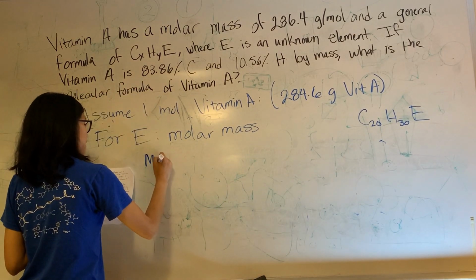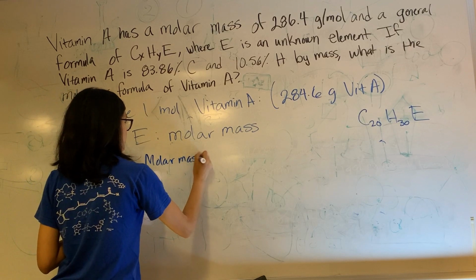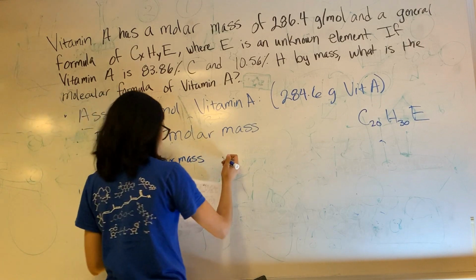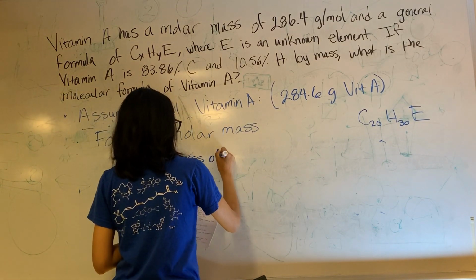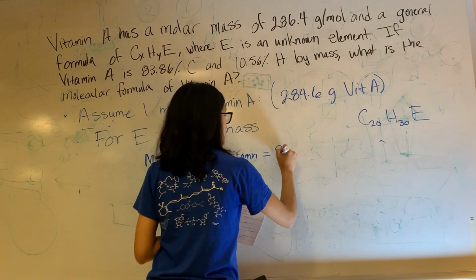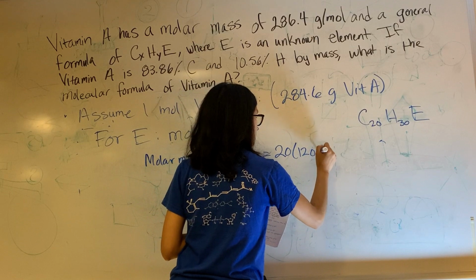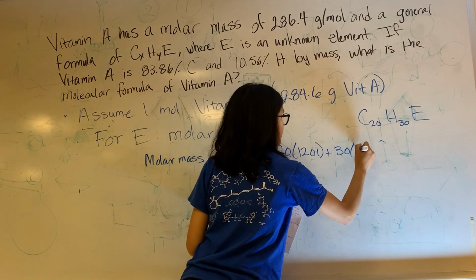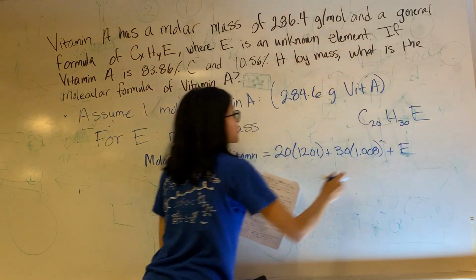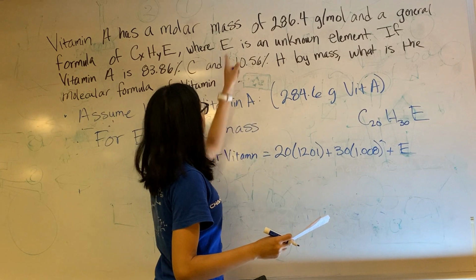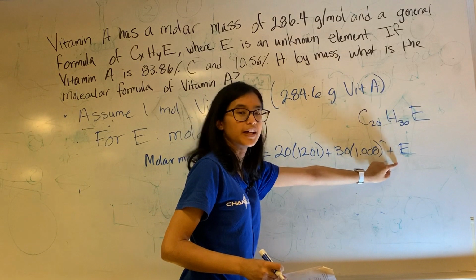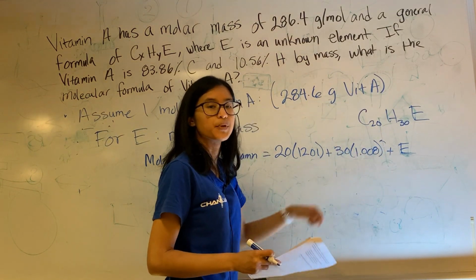So we know that the molar mass is defined as the mass of 1 mole, which we already figured out from the last problem, is going to equal 20 of carbons plus 30 of hydrogens, and then E, which, as you recall from our note before, because there's no subscript on here, that means there's just 1 of E here. So whatever it is will be the element's molecular weight, which we can figure out from the periodic table.